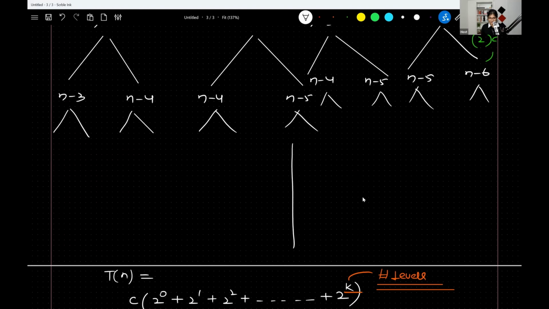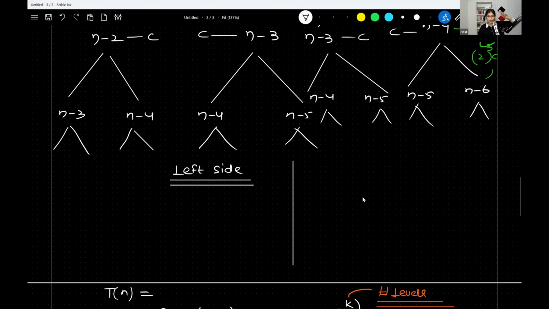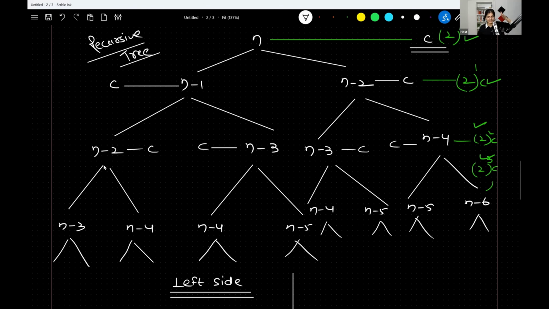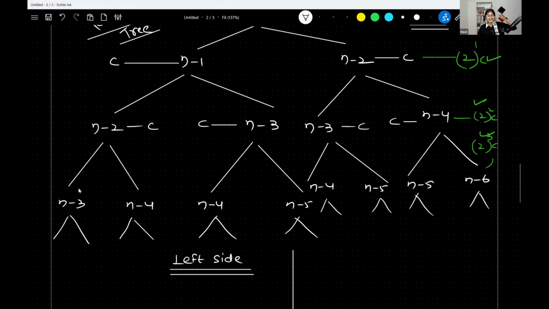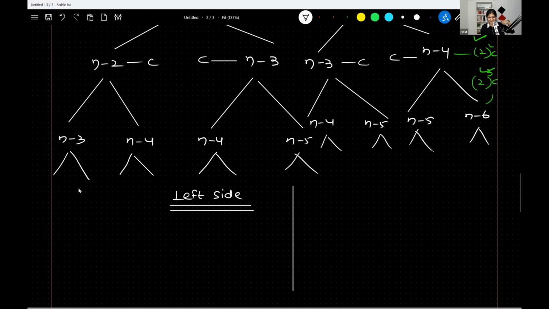Let's try to understand this part. On the left side, if you observe, what is happening? You keep on subtracting 1 from your data. Can I say, everyone? You are doing n minus 1 only: n, n minus 1, n minus 2, n minus 3. So for the kth level, you will get n minus k on the left side, the left root node.